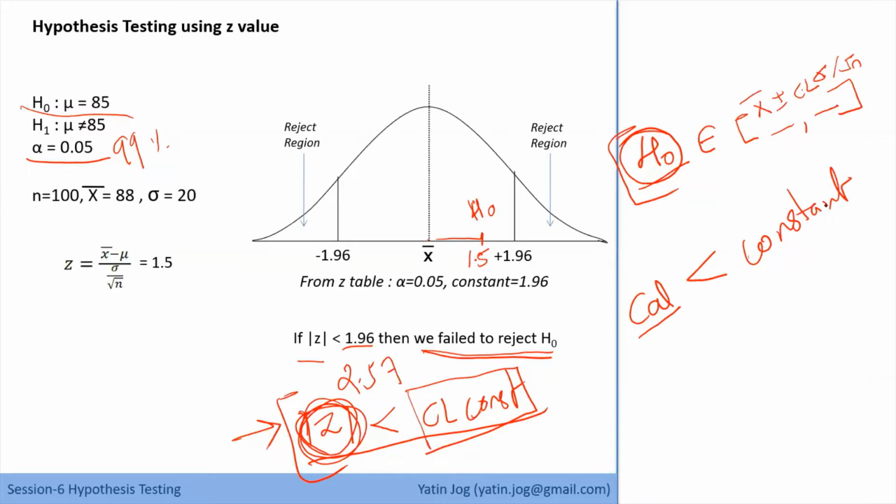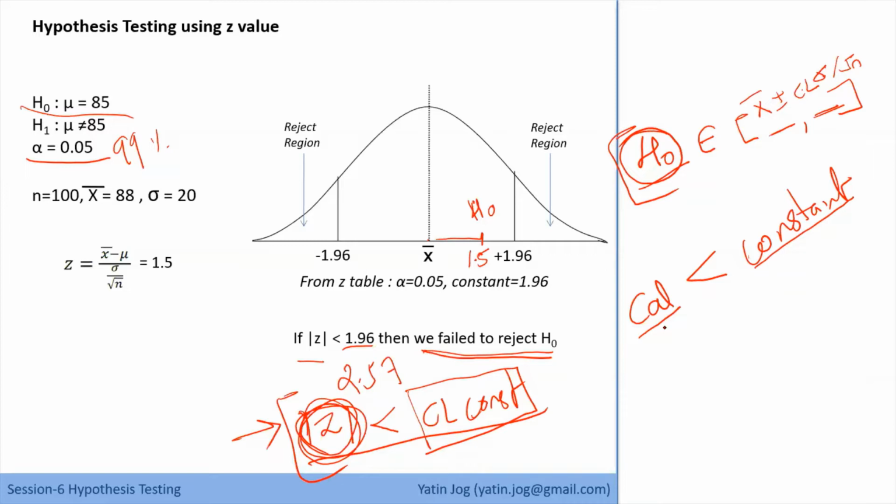Even in the interval estimation case, once you use the formula, what you get is a constant set of accept region. So always remember, for hypothesis testing, this is the common format of the rule, and we'll see this in the case of t-test and f-test also: the left hand side is the calculated value and the right hand side is the constant.